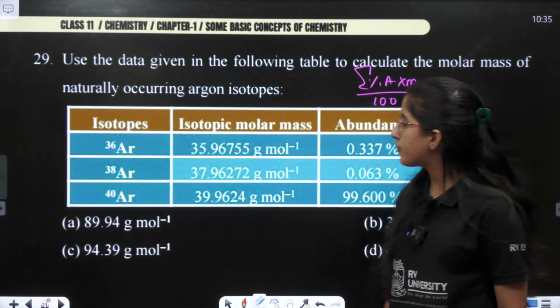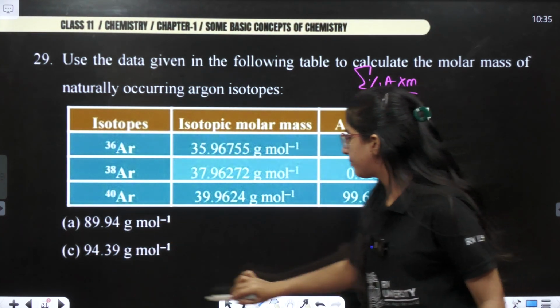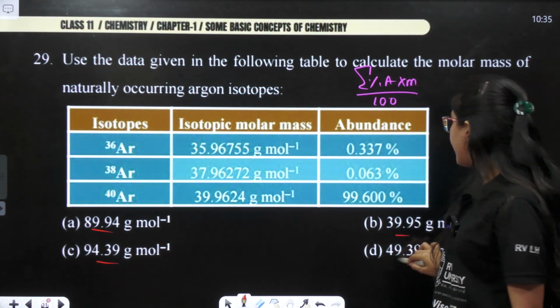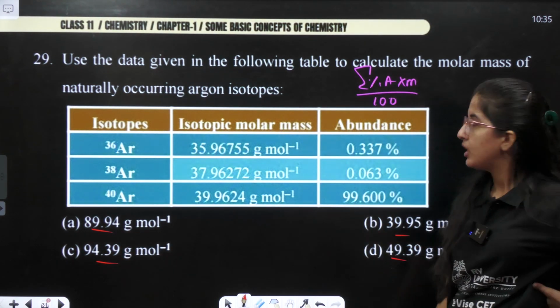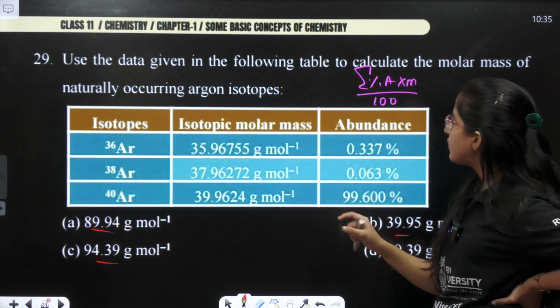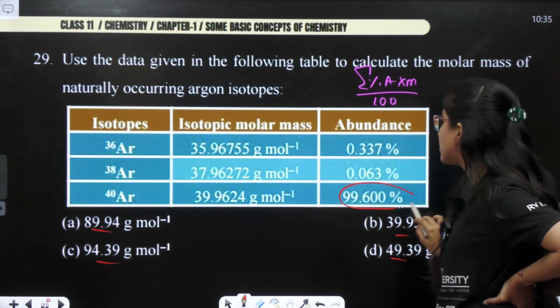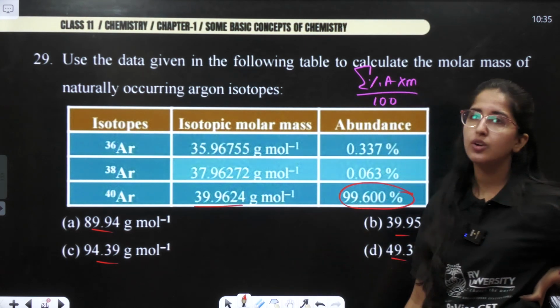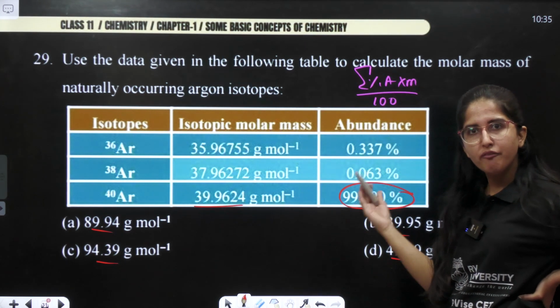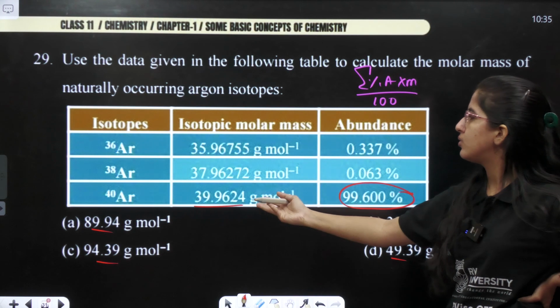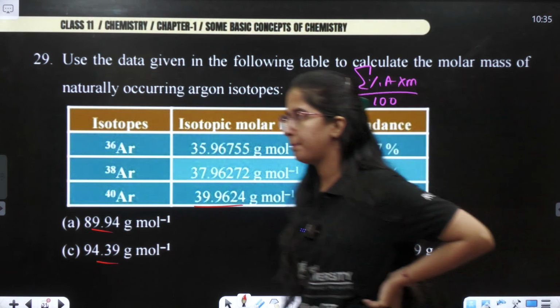If the options are far apart, then see the table. Which one has the highest percentage? Here you can see 99% is the isotope of 39.9 grams. So obviously the mass will be nearest to this value. So it will be option number B.